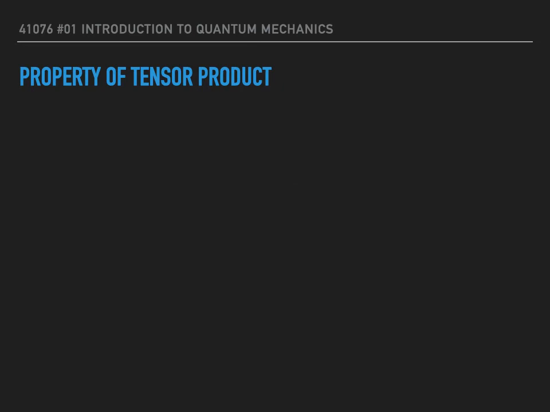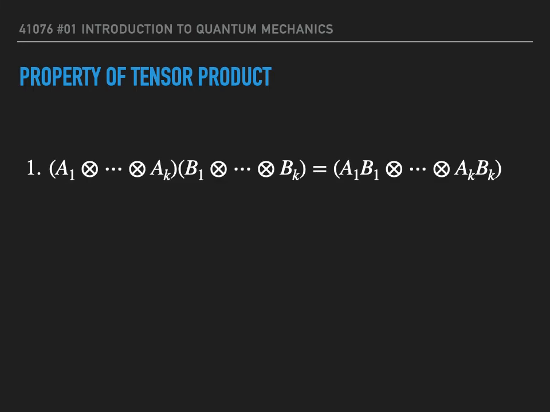Here, we will mention a few useful properties of tensor product. Firstly, multiplication of two k-fold tensor products A1 tensor A2 tensor up to Ak and B1 tensor B2 up to Bk is equal to A1B1 tensor A2B2 tensor up to AkBk.